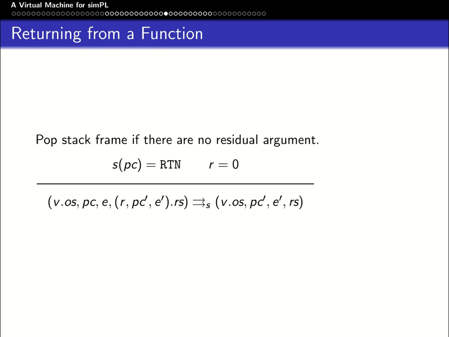So let's see, how do we return? Okay, simple case, no residual arguments. There's a value at the top of the stack. The assumption is that as we execute the body of the function, a result is at some point placed on the stack. That will be considered as the result of the function. We can think of the function as a user-defined operator.